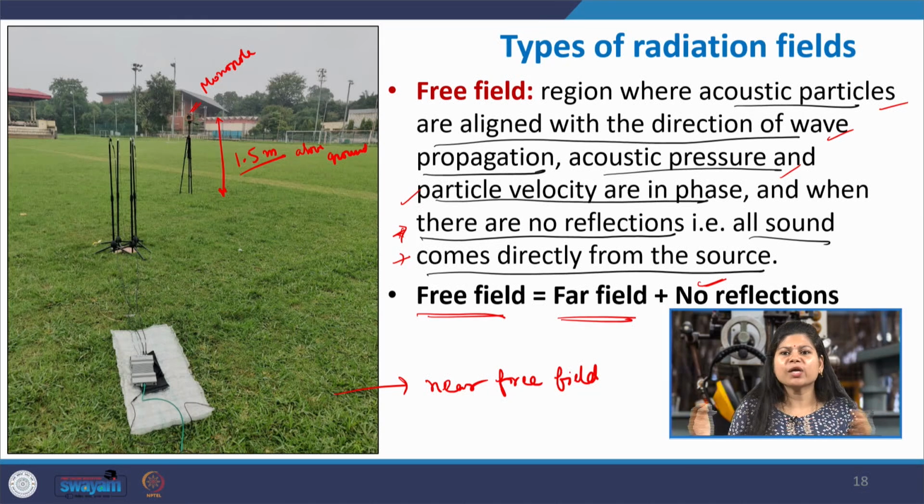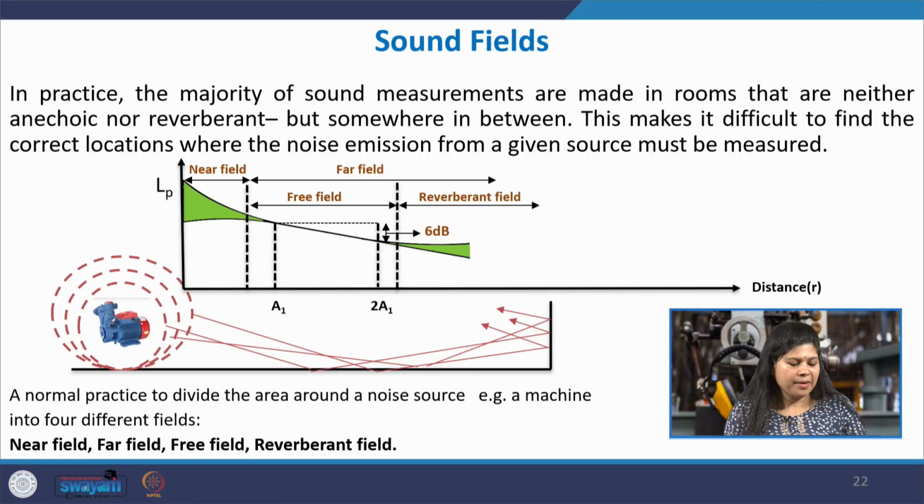When they have to communicate with each other, they shout at each other because they are in a free field environment. But when the same players come in a closed room environment, the same person who was talking in an open field now suddenly starts talking in a closed room, the pressure level actually feels very high because it is a reverberant environment.